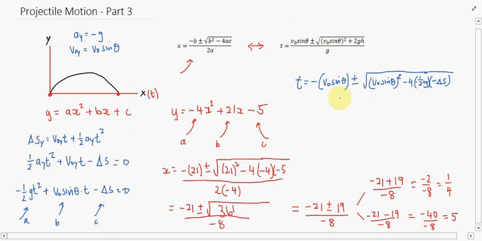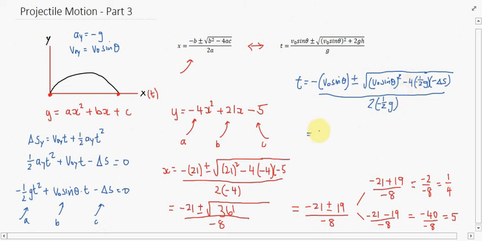Let's extend that out a little bit, and then all of that over 2 times whatever a is, which is negative 1/2 g.